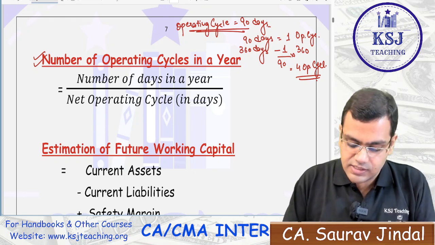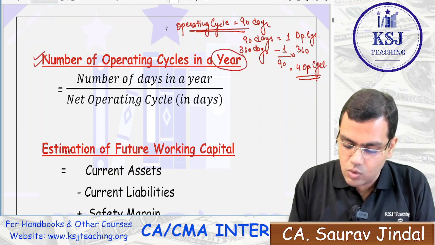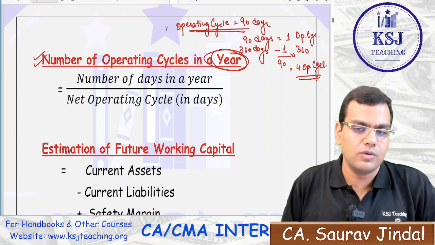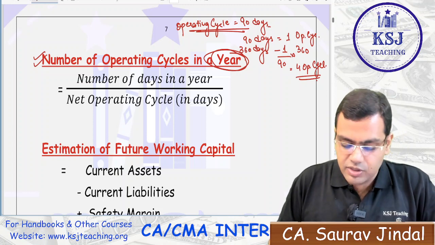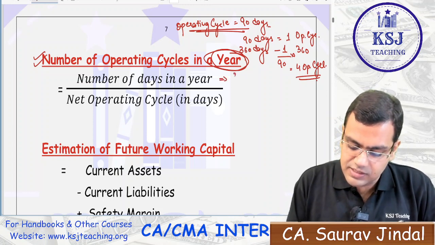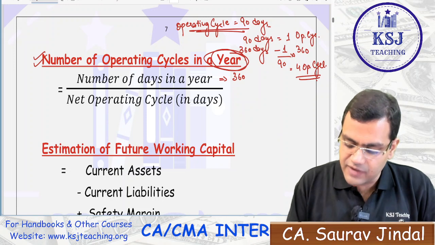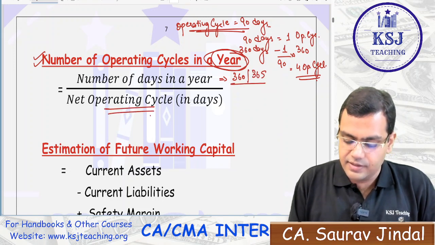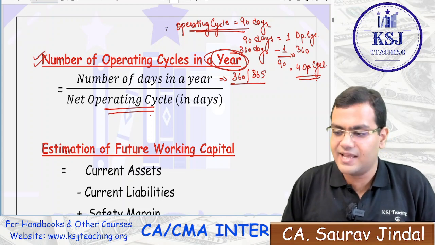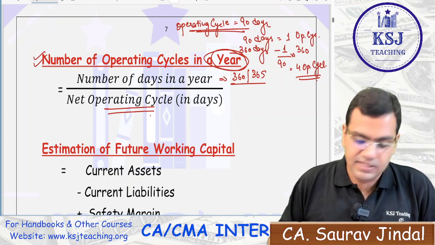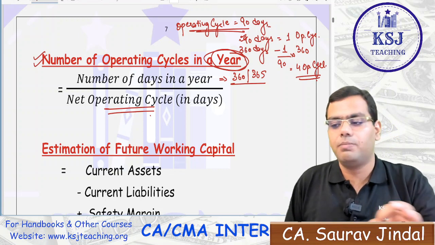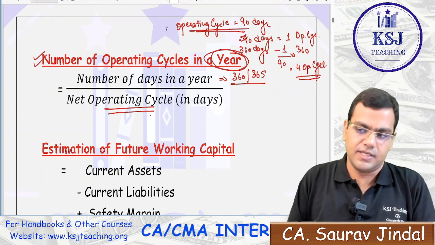So the number of operating cycles in a year is the number of days in a year, which can be 360 or 365, divided by the net operating cycle in days, here 90 days.